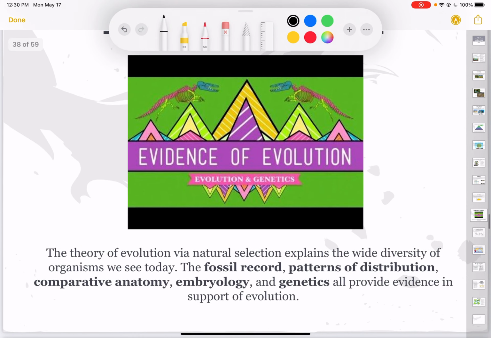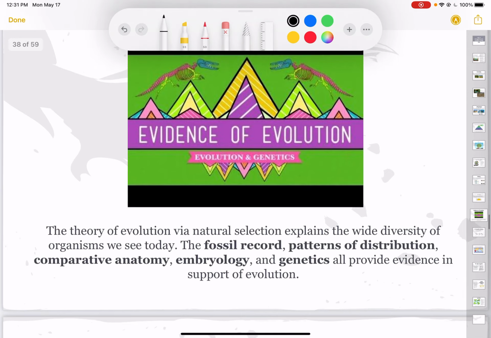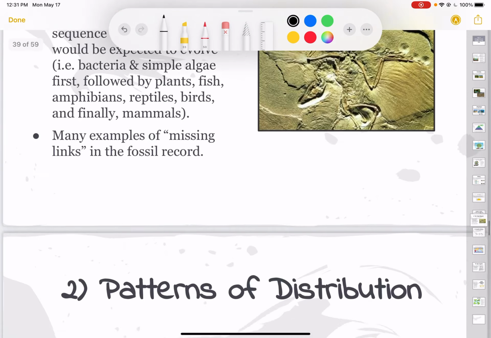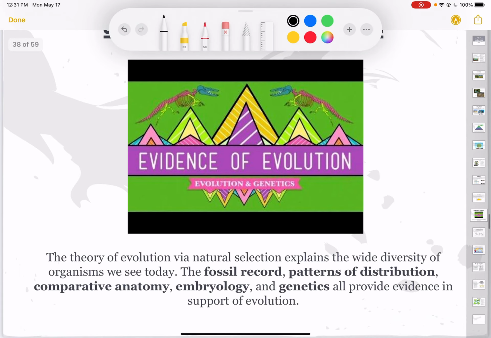But the general idea here is that the theory of evolution via natural selection explains the wide diversity of organisms we see today. The fossil record, patterns of distribution, comparative anatomy, embryology, and genetics all provide evidence in support of evolution. Okay, I'm going to stop there because that's going to go into all of those, and we'll pick up there on the next video.